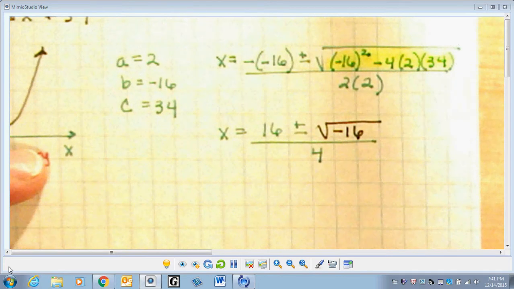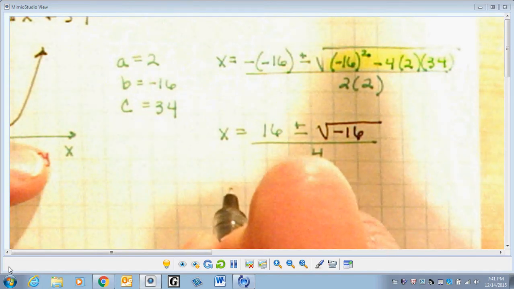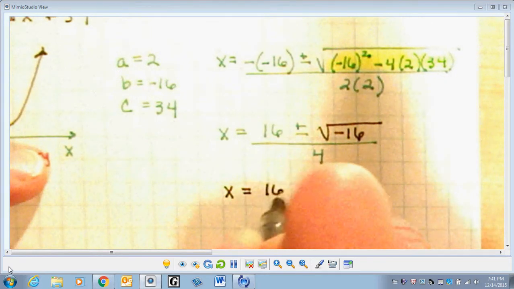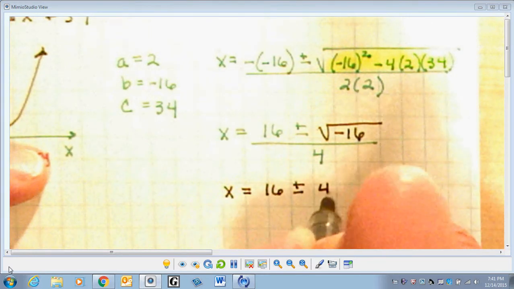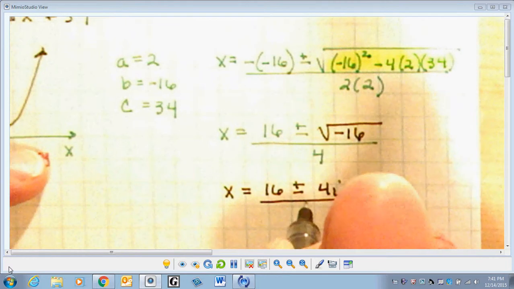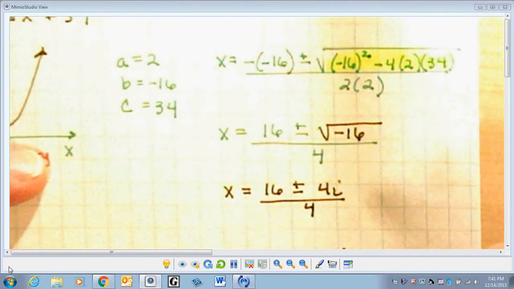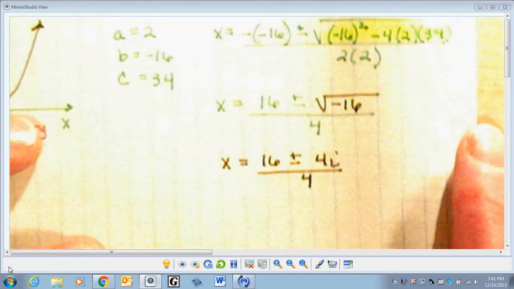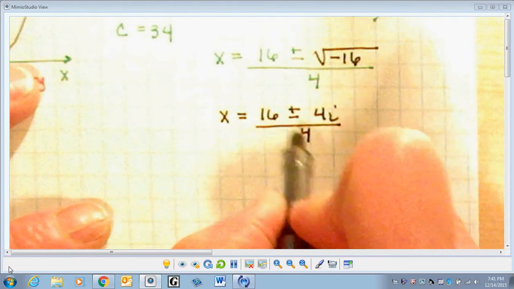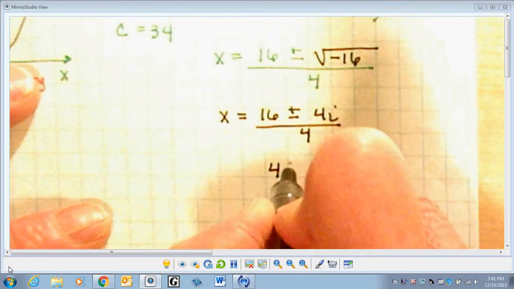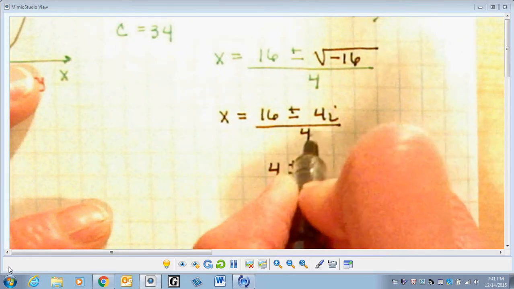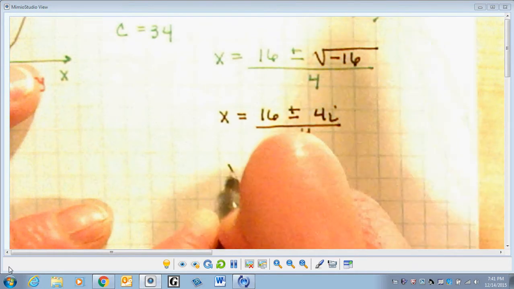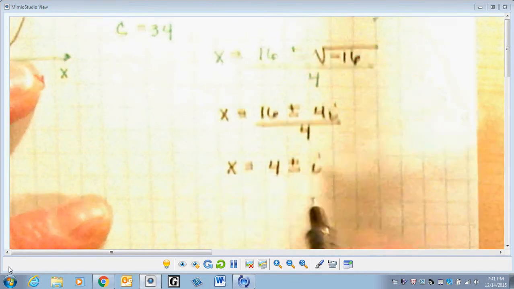When I simplify the square root of -16, I get x is equal to 16 plus or minus 4i all over 4. And that simplifies to 16 divided by 4, which is 4, plus or minus 4i divided by 4 is just i. So what does that mean?